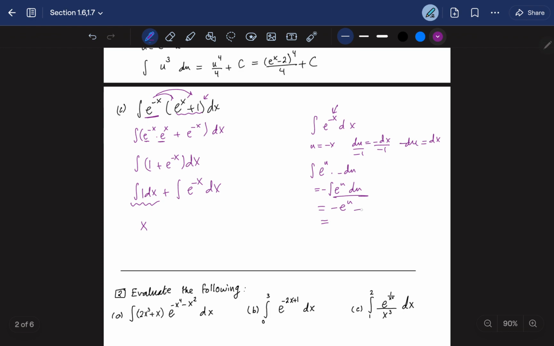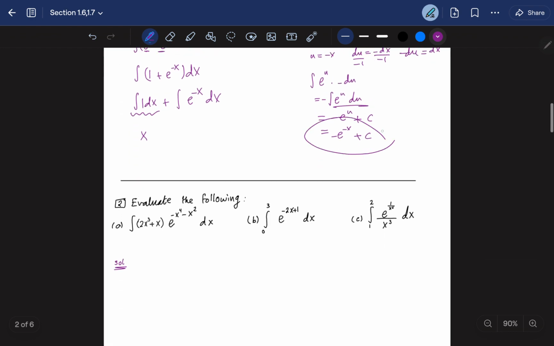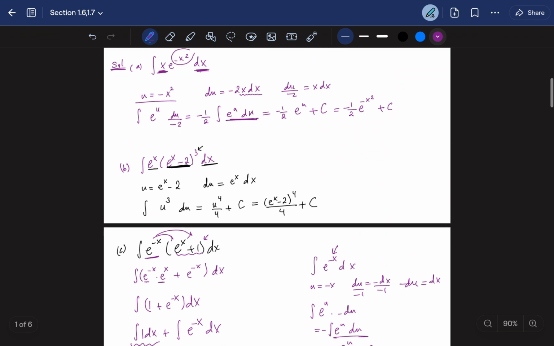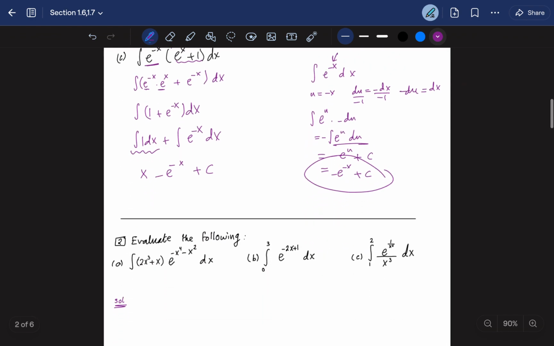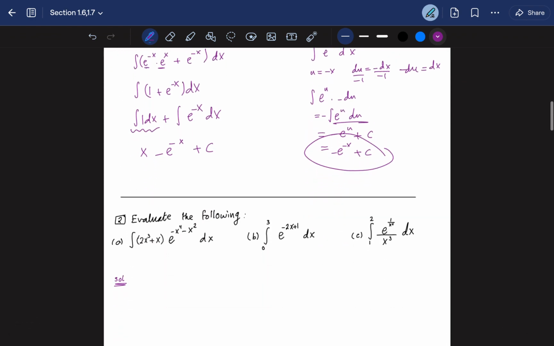But if you integrate, you need to plug x back in, and just take this answer, and this is just minus e to the negative x plus c. So it's just regular substitution with the rule of exponentials.